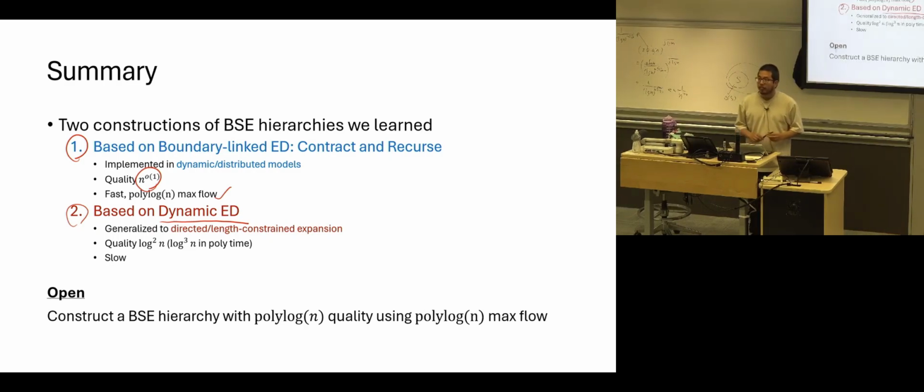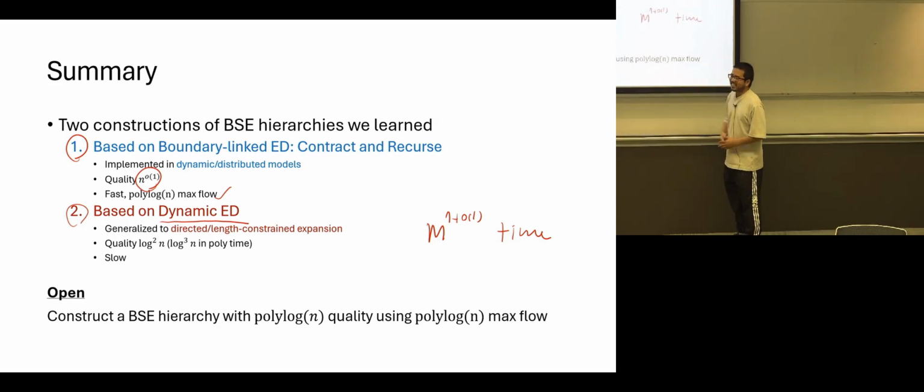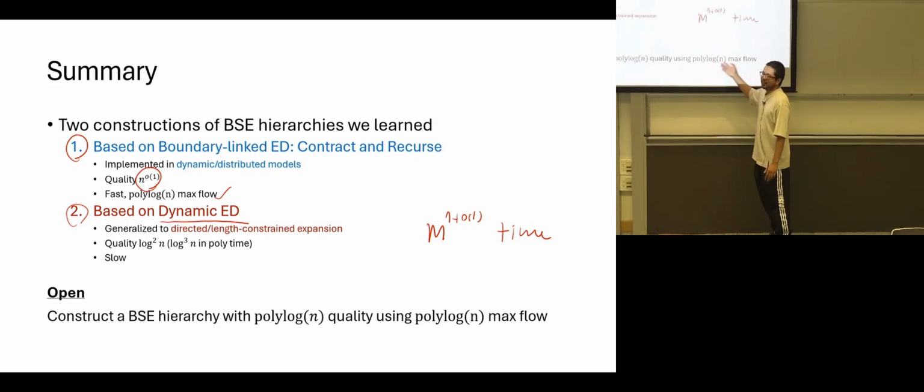Is polylog max flow polylog total calls to max flow? Yeah, right. And also, is the max flow algorithm right now m times polylog of m? Not yet. Right now it's something like m to the 1 plus little o(1). But if you find a way to just use these max flow calls, I know many techniques to not use exact max flow and use approximate max flow instead.